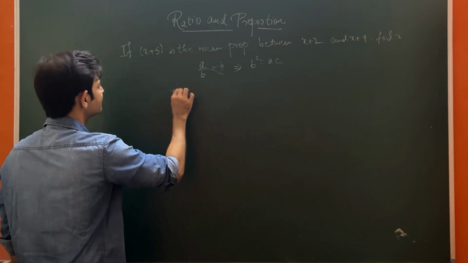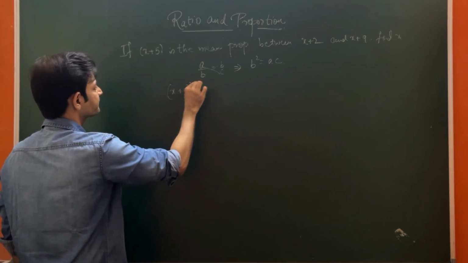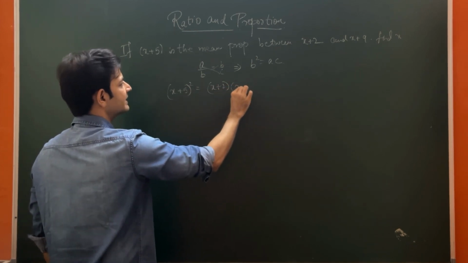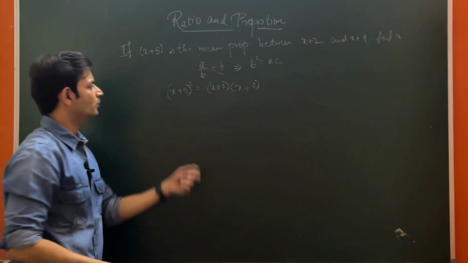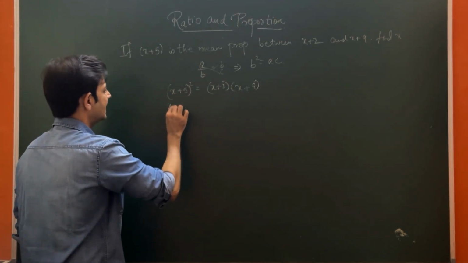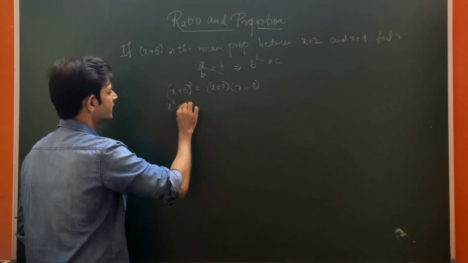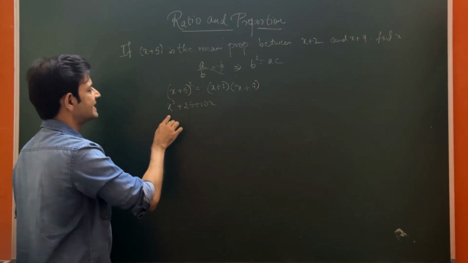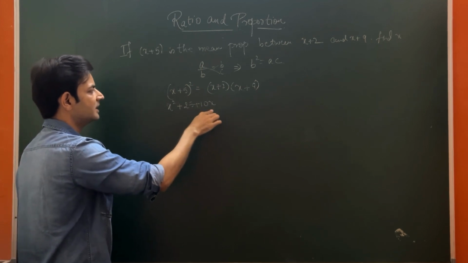So x plus 5 the whole square is equal to x plus 2 into x plus 9. We'll open this bracket and multiply these two brackets. So this becomes x square plus 25 plus 10x. Remember, you are supposed to use a square plus b square plus 2ab.